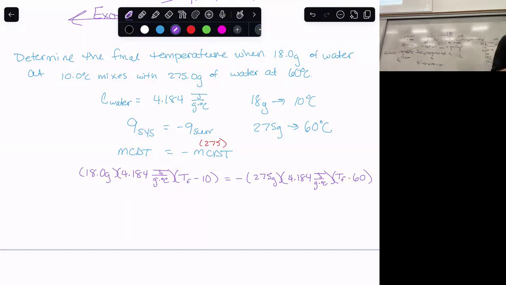So how are we gonna solve for T final? We have to move them both to the same side, but that does mean we have to do a little bit of math beforehand as well. So I would probably combine the 18 and the specific heat, and then the 275 and its specific heat.